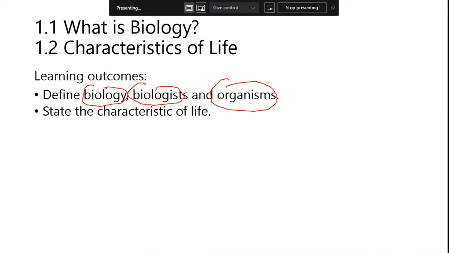You should also be able to state the characteristics of life. What are the characteristics of lithops? Why is lithops classified as a living thing? What are the characteristics of stones? Why is stone not classified as a living thing? For example.